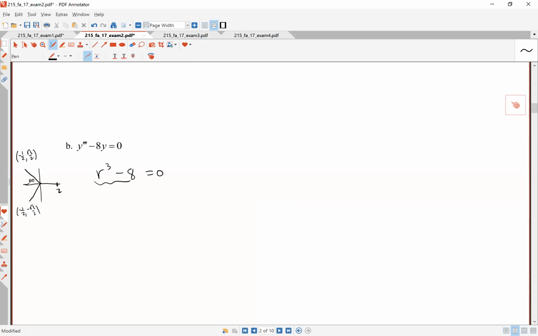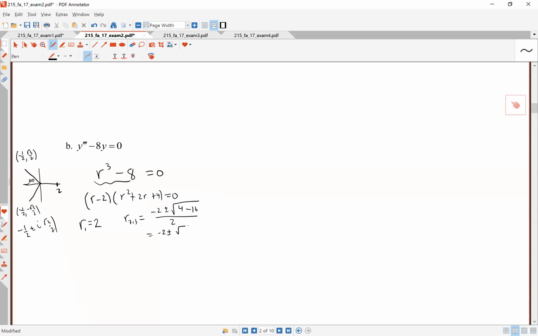And the other way is to factor this: r minus 2, r squared plus 2r plus 4. So we get one of them as r equals 2. And then the solutions to this one are going to be these guys, negative 1/2 plus or minus i root 3 over 2. And you can see that by saying r2 and r3 equal negative b plus or minus the square root of b squared minus 4 times 1 times 4, which is minus 16, over 2.